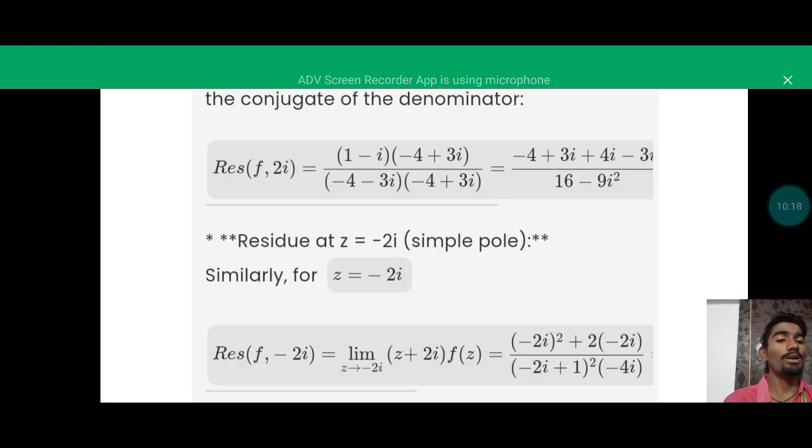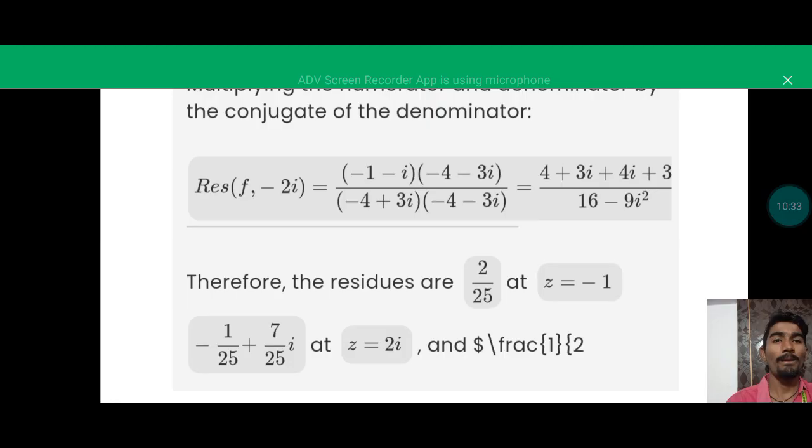We directly apply the limits: (minus 2i) whole square plus 2 of minus 2i, divided by (minus 2i plus 1) whole square into minus 4i. The same process applies, multiplying the conjugate in both numerator and denominator, minus 4 plus 3i into minus 4 minus 3i.